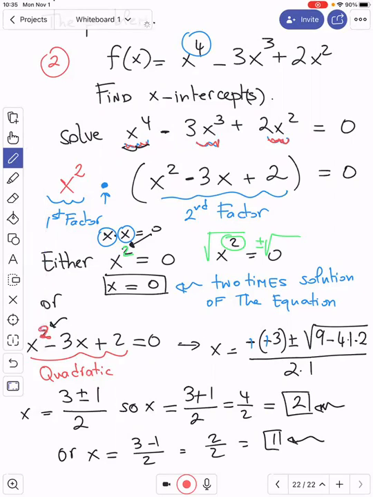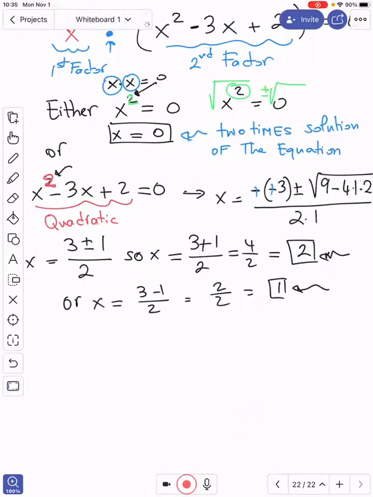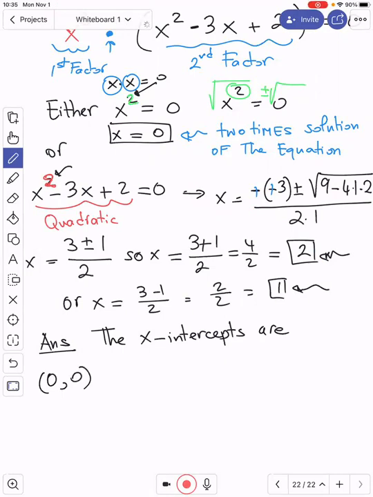So yeah, so the final answer, we got, so the x-intercepts are, so first 0. But as I said, this is a 2 times solution, right?